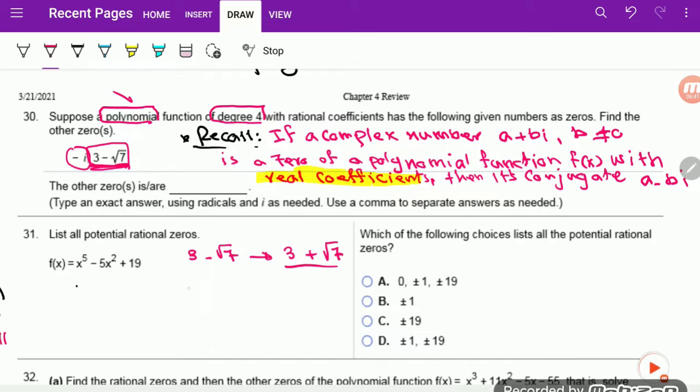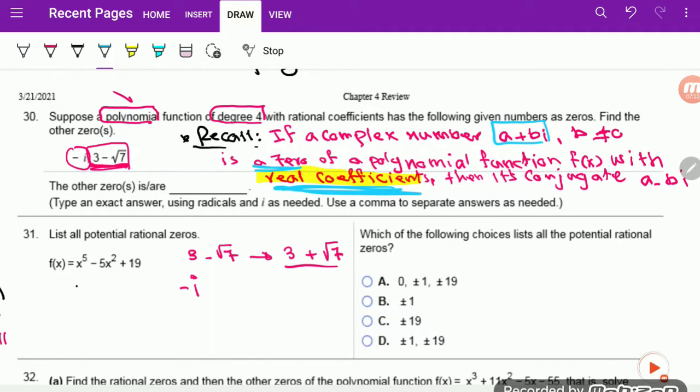The second one is negative i, which is a complex number. And we need another point here. If a complex number a plus bi, and b is not 0, is a zero. Suppose you have a complex number as a zero for this polynomial, and b is not 0, because if b is 0, we will not have a complex number, we will have a real number. Then this polynomial has to have real coefficients.